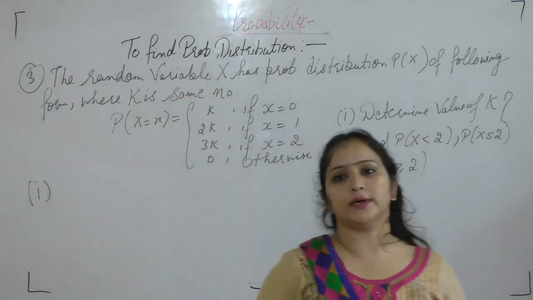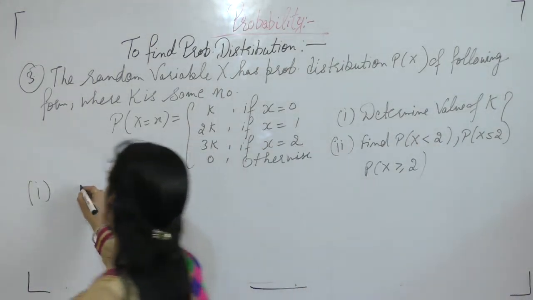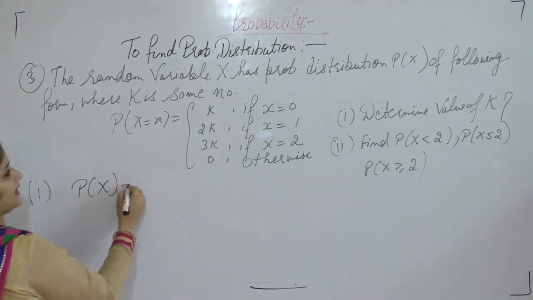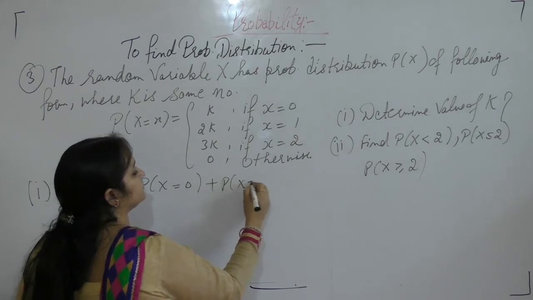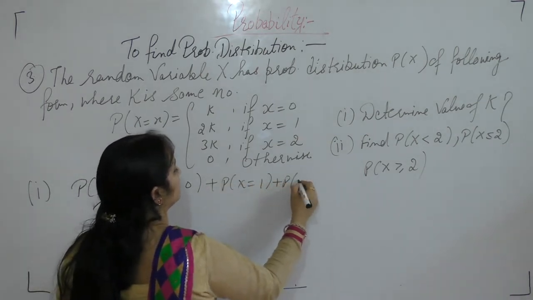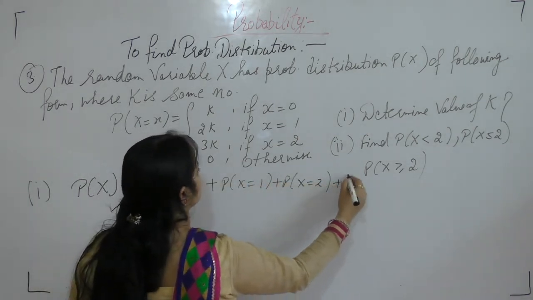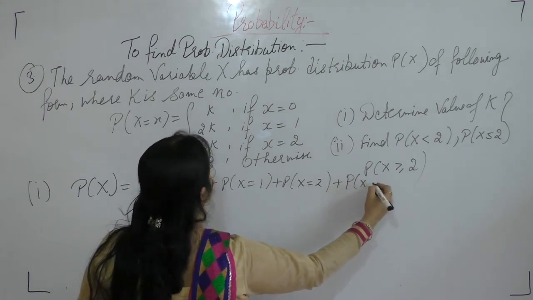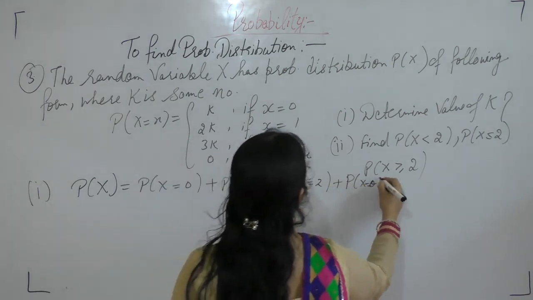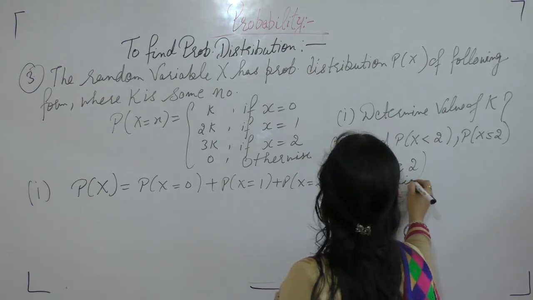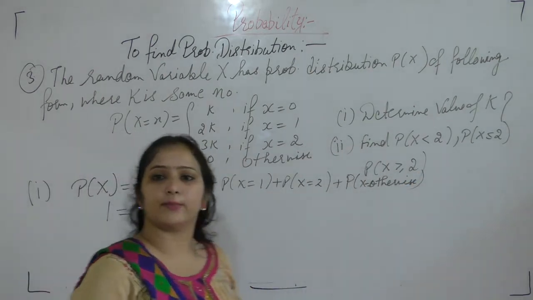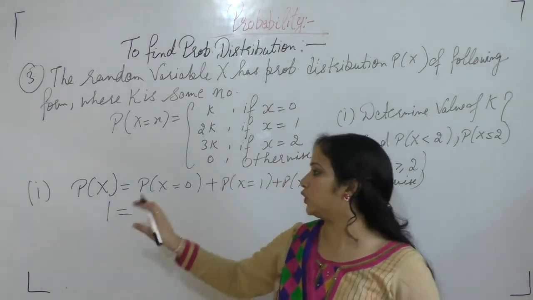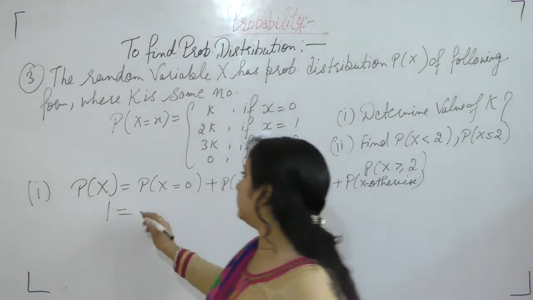We know that the total probability is always 1. So the probability of x at 0, 1, 2 and otherwise, because it is given that it is a probability distribution, the total probability will be 1 here.